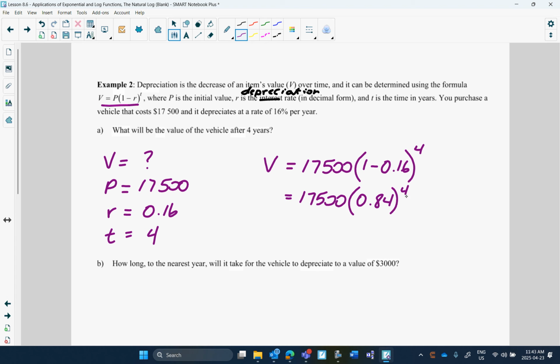And remember your order of operations. Do the exponent first, times 17.5 after. 0.84 to the 4th times 17.5. And it's money, so you should get $8,712.75.